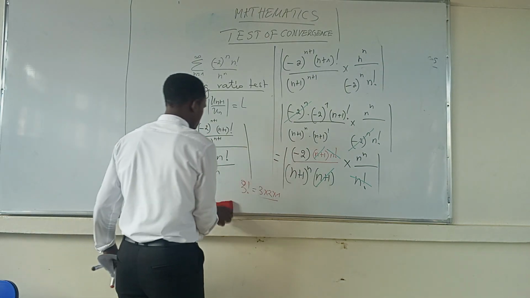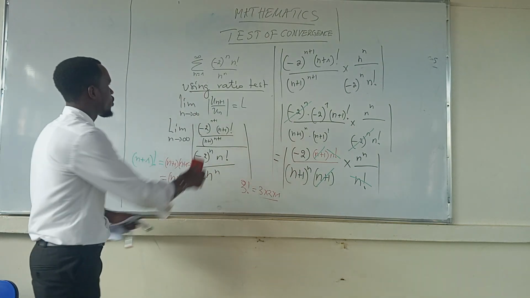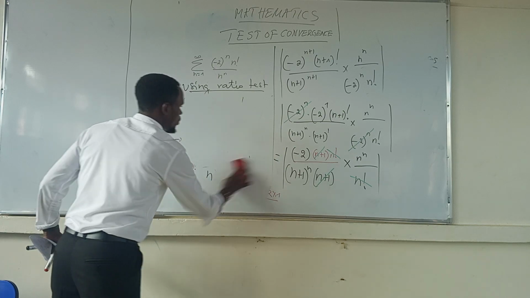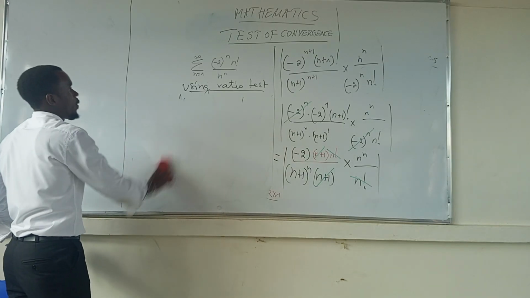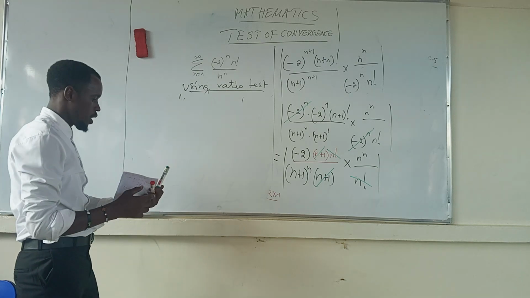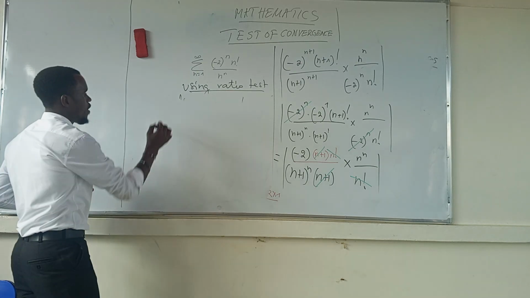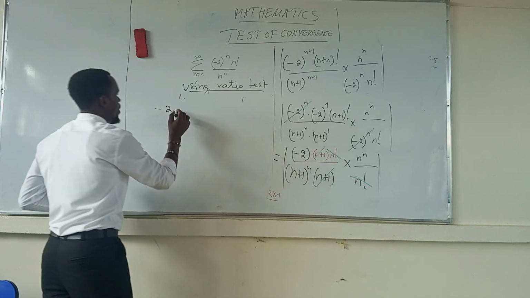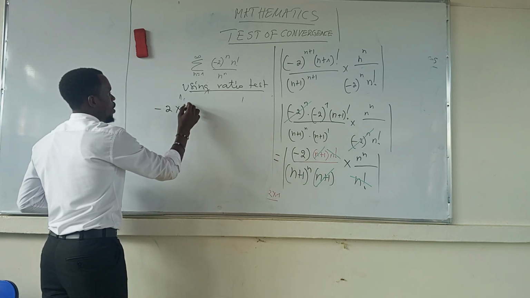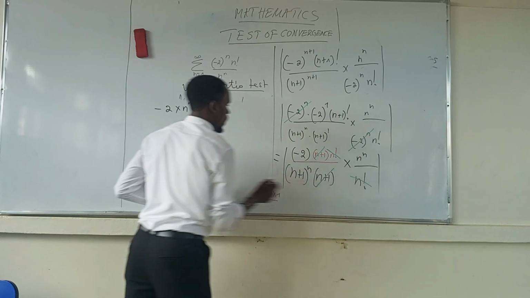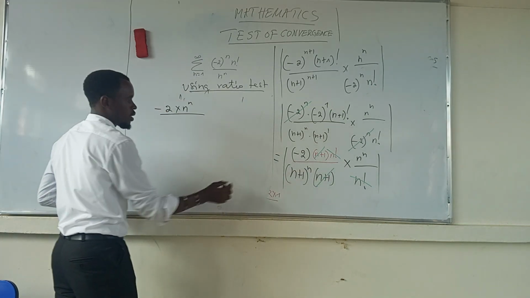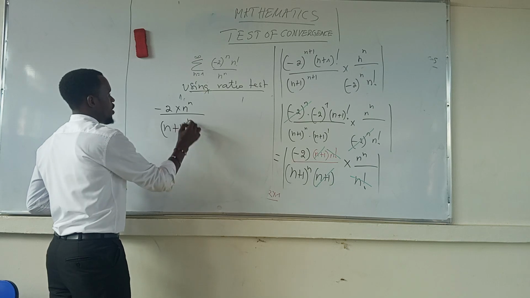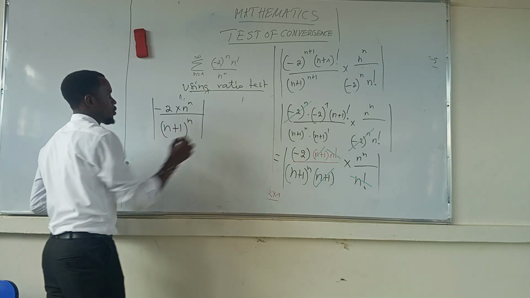We are remaining with, up to here, -2 times n power n over n plus 1 power n in absolute value.